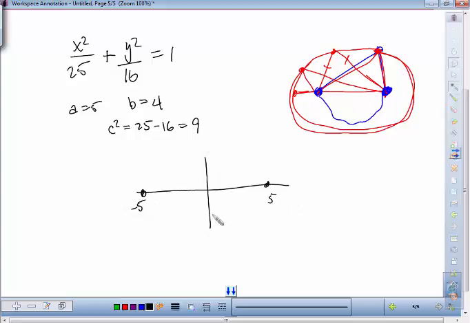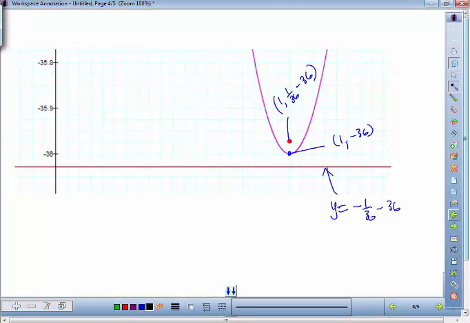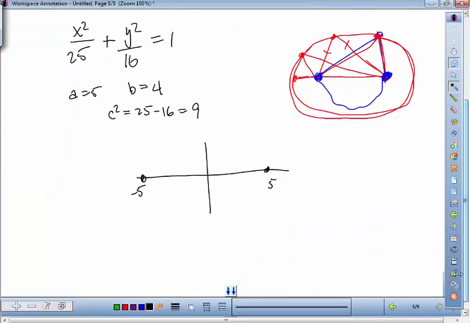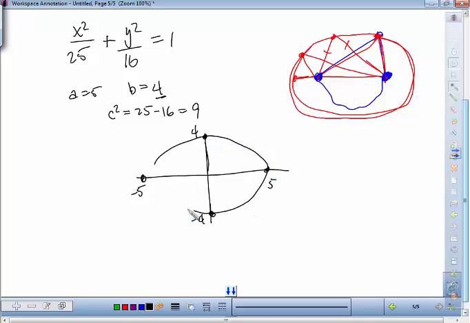And then y is the minor axis, or semi-minor, semi-major. So the vertices on the major axis are positive, negative 5. There's also vertices on the minor axis, and that's going to be 4. So from there, you can essentially draw the ellipse.